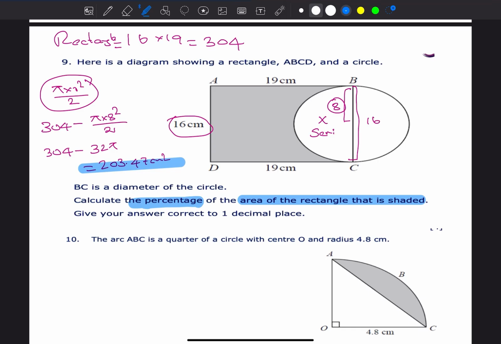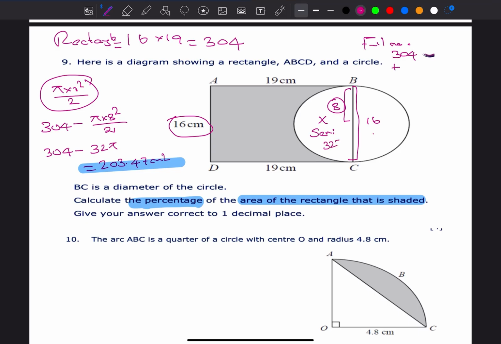Okay. Now, what's the percentage going to be? We know that area is that, and this one. So what is the full area? The full area is 304 plus a semicircle. What is this semicircle?